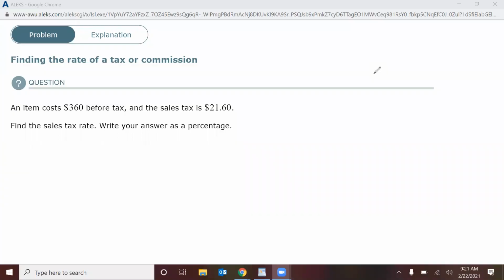This time, we know the original price of the item, and we also know how much tax you'll be paying. So the question is, what is that percent of tax?